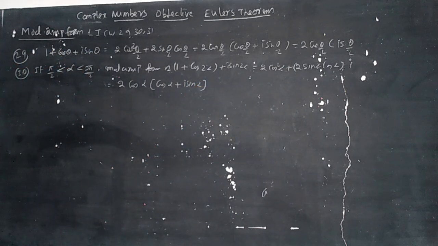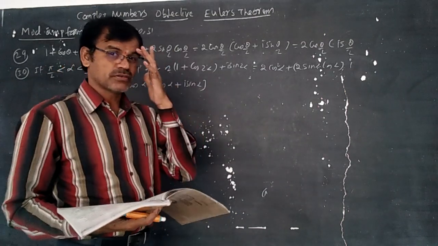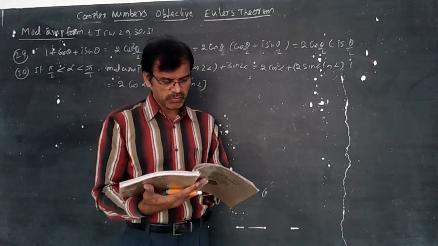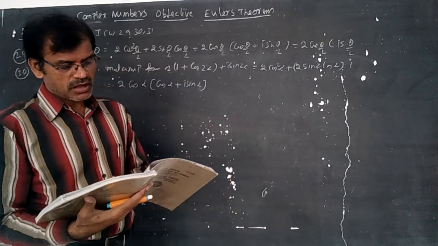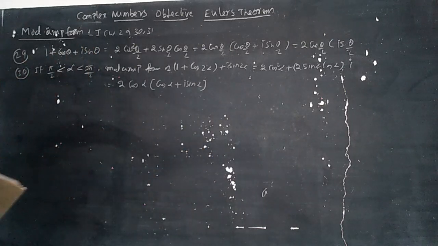If alpha is in the second quadrant, the concept is theta equal to pi minus alpha. If it is in the third quadrant, minus pi plus alpha. But it is given that alpha may be in second or third, both are given. 30th question.